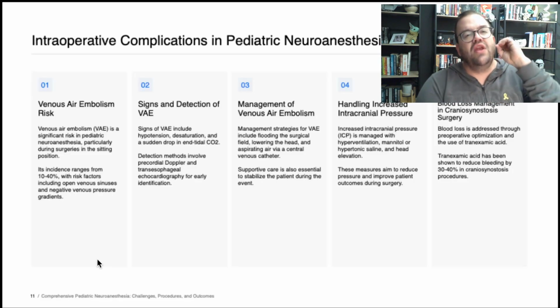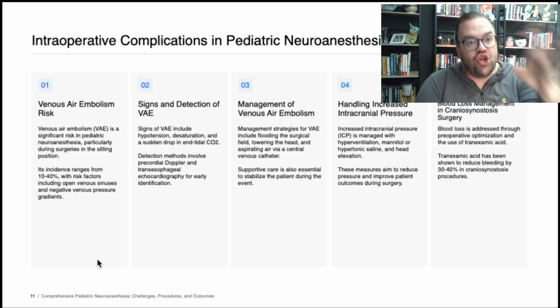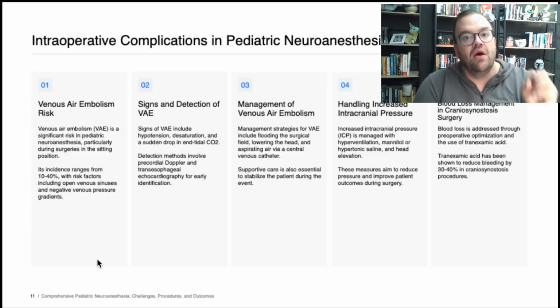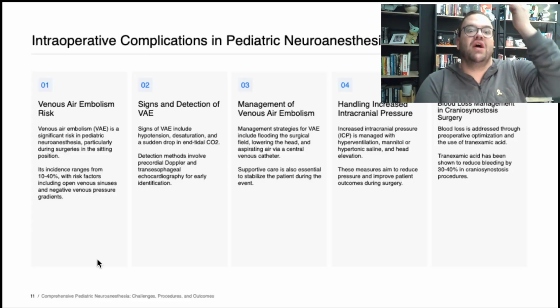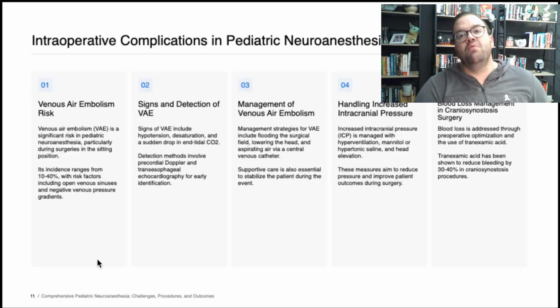So I never go below an end-tidal CO2 of 30 millimeters of mercury, unless I have an acute problem where they're coning, where they're having a Cushing reflex, and I'm trying to fix that problem quickly. And then remember, your use of propofol will drop intracranial pressure. Remember, if you're using volatiles, they must not be at a MAC of greater than 1, because that can increase cerebral blood flow and increase intracranial pressure.